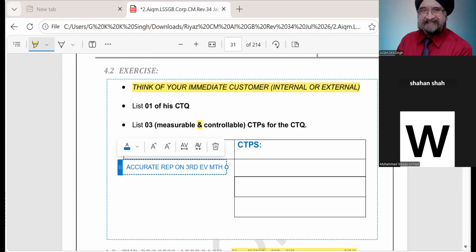This is the CTQ. So for that, what are the CTPs? Critical to process.